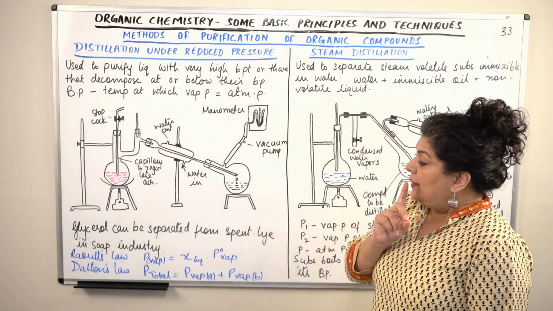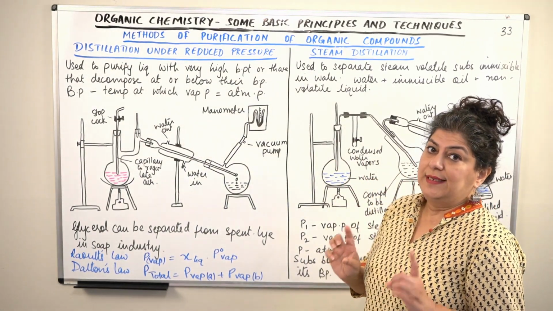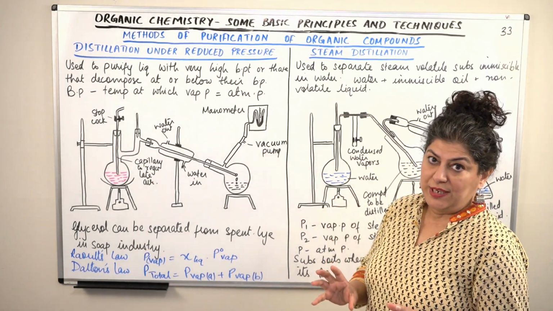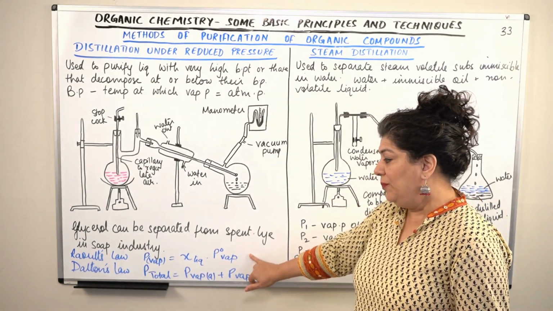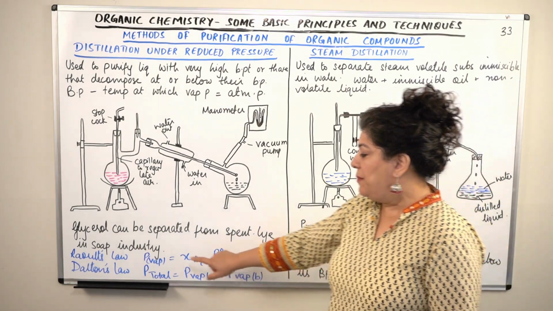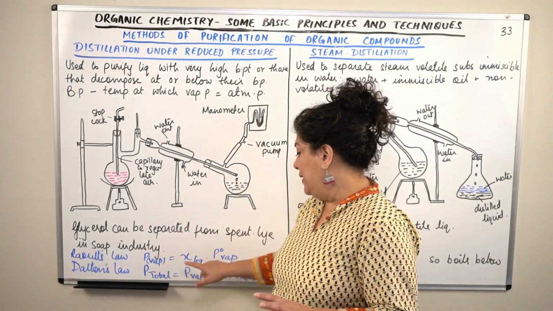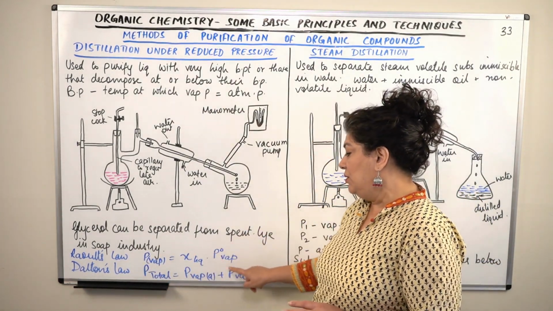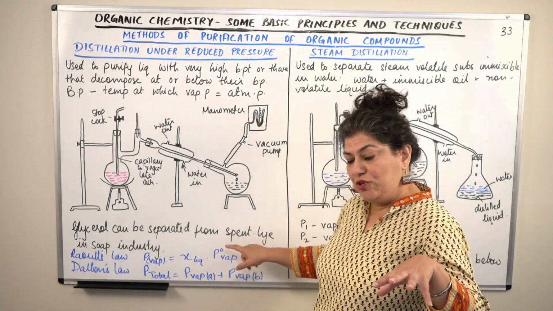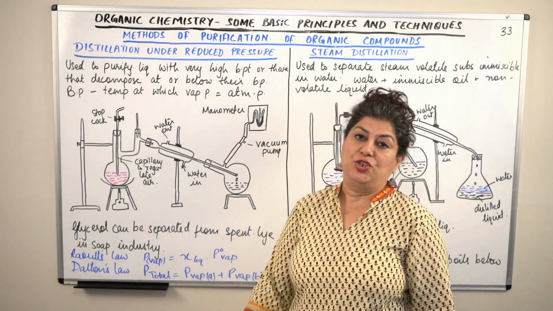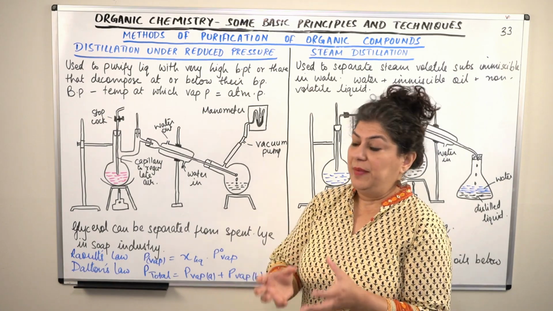Now, there are two laws that are applicable when you carry out distillation. One is Raoult's law, which says that the vapor pressure of a liquid would be equal to the vapor pressure of the liquid in its pure state times the mole fraction of the liquid in the mixture.